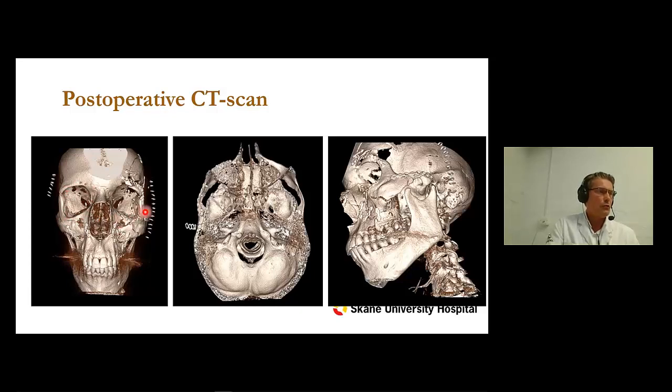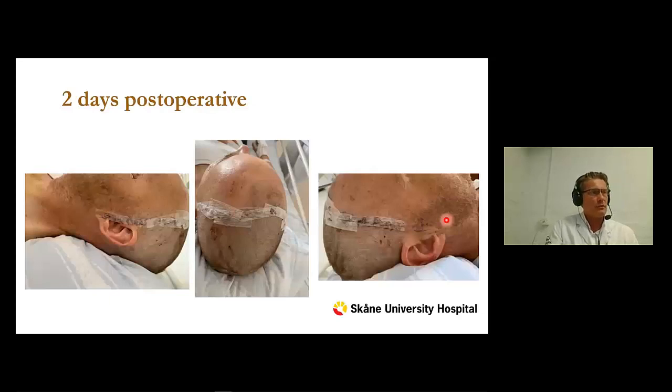In the middle photo, we got the arch symmetrical to the healthy side, and we can also check that the bite of the patient is aligned. 2 days postoperatively, the wound looks like this, and the Band-Aid, you can see, goes from the left side to the right side.